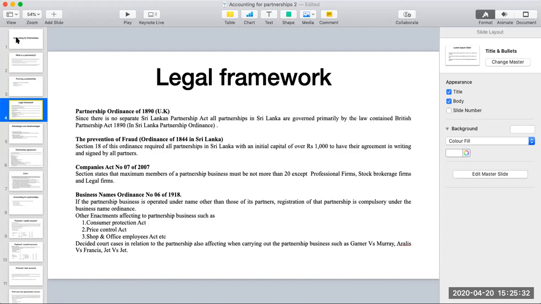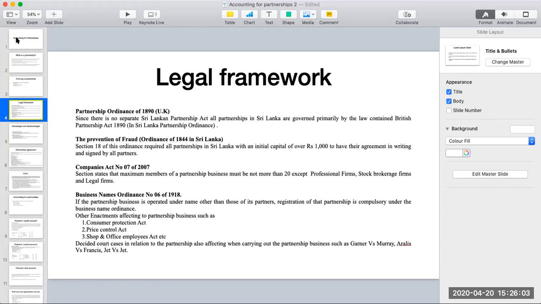Then the Prevention of Frauds Ordinance of 1844. This says that if the initial capital of the partnership is over 1,000 rupees, then there should be a written agreement and it has to be signed by all the partners. This is in order to prevent frauds.